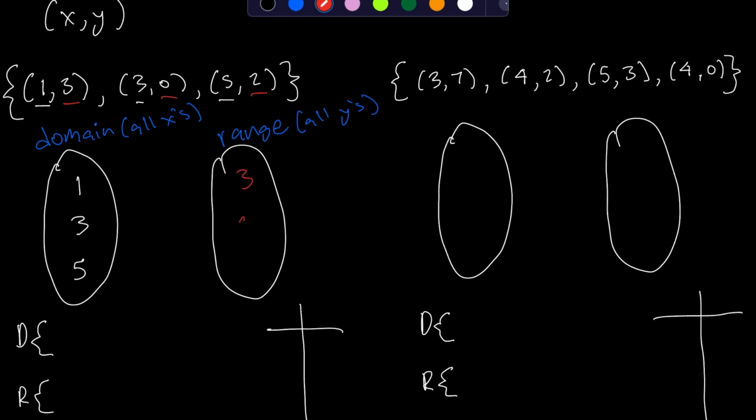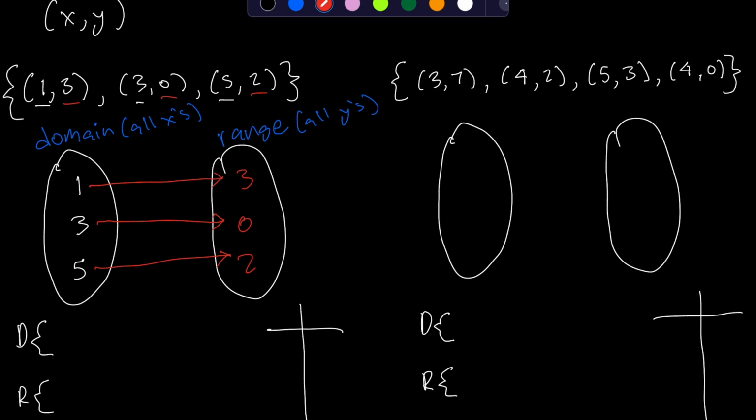Now, if you take a look at this, in this particular case each input has one output. One goes with 3, 3 goes with 0, and 5 goes with 2. And why is this relation a function?